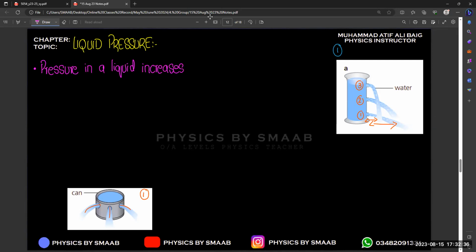This topic is very important, because when we are swimming, if someone wants to go into the depth of the swimming pool, the pressure of the water on our body will increase, because we are moving deeper, so the pressure on our body will increase.